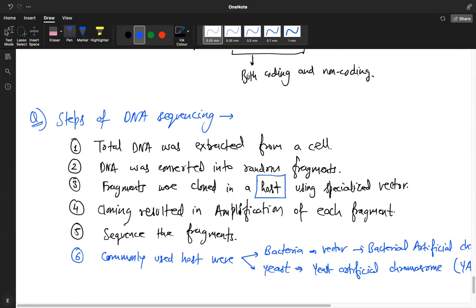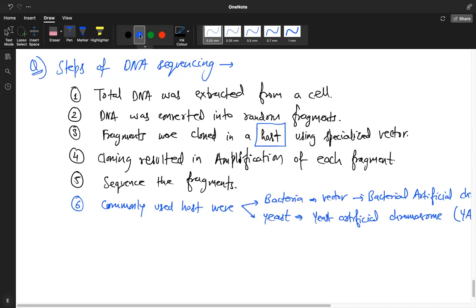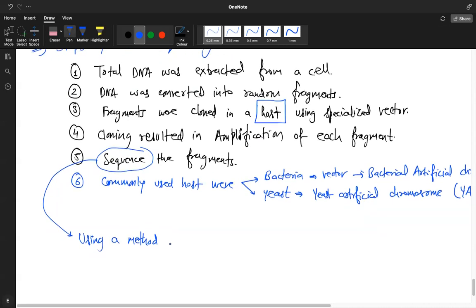And this sequencing was done using a method developed by Sanger. It is still used. We call it Sanger sequencing. Frederick Sanger. So it is known as Sanger sequencing.